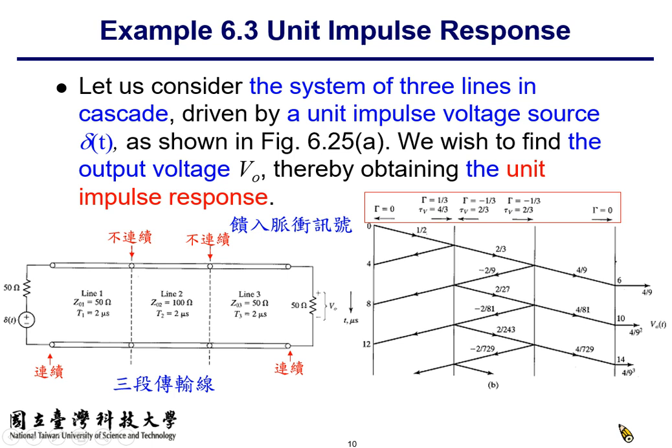And the accumulated time delay can be found by summing up the time delay of these 3 sections, which are 2 microseconds each. So if you stand on the right-hand side, you will observe the impulse signal at 6 microseconds.